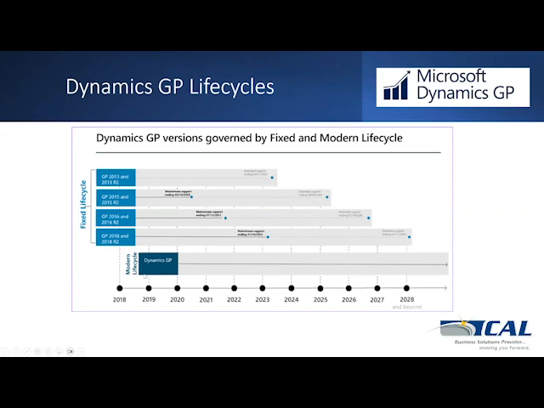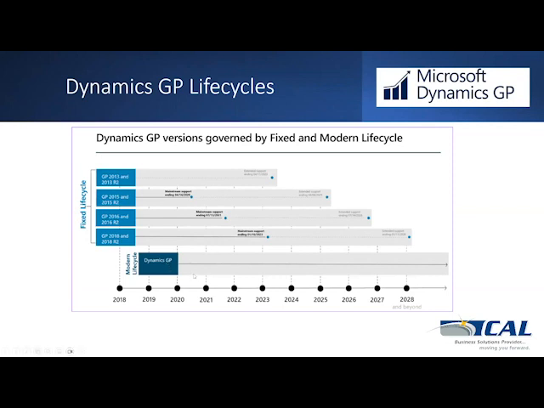If you're not on 18.2 or greater, then you're still in the fixed life cycle, and you have certain versions that are completely out of extended support, like GP 2013, GP 2015. 2016, 2018, and 18R2 are in extended support, which means there are no regulatory updates such as payroll, payables, anything that would change regulatory wise, but it is still supported for security reasons and vulnerabilities. So Microsoft is still putting out patches only for that.